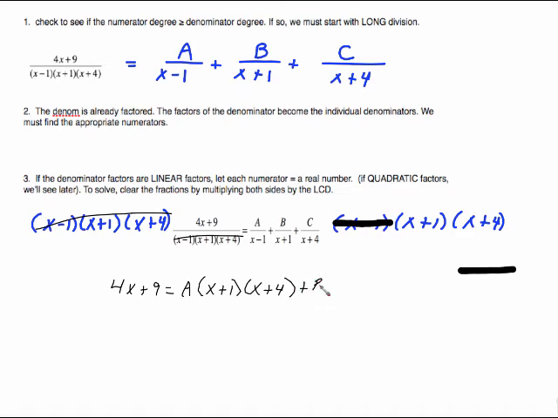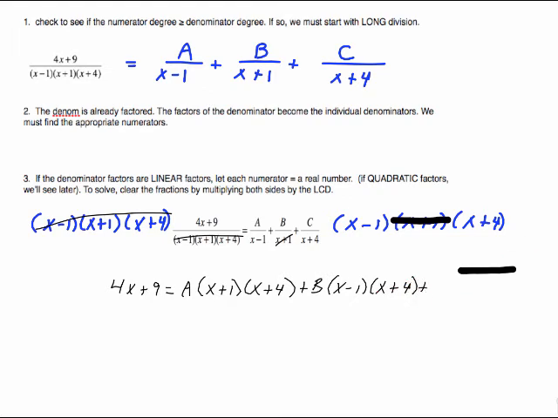plus I'll have B times something, so let's move this out of the way and see what's canceling. This time x plus 1 cancels with x plus 1. Get rid of that, the x plus 1 is gone, and I have B times x minus 1 times x plus 4.